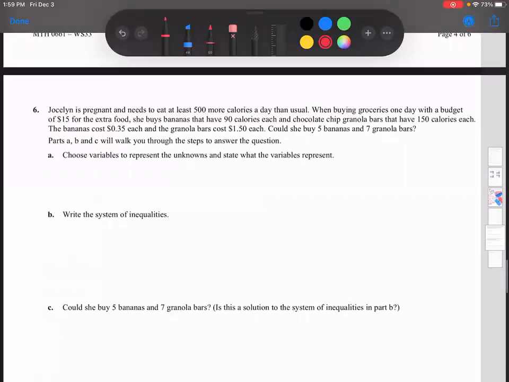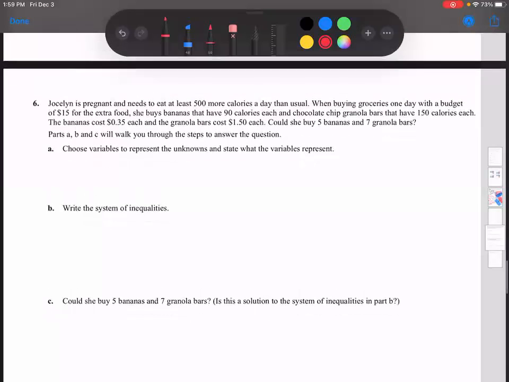Okay, we're going to do this problem from part A to C. Choose a variable to represent the unknown. So what are they asking?